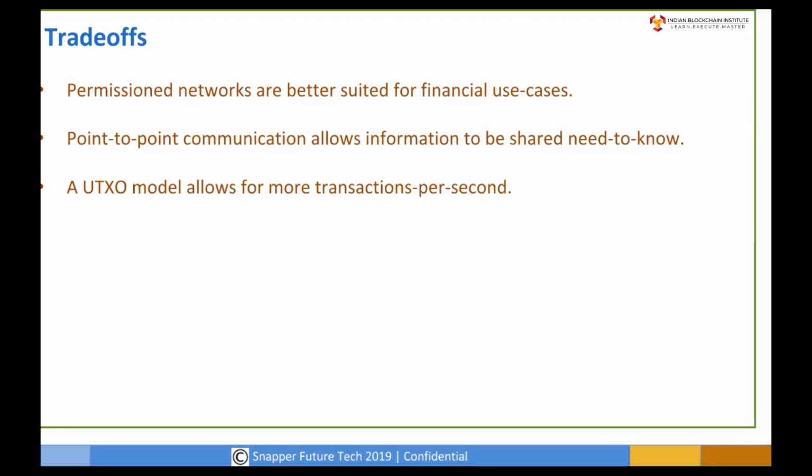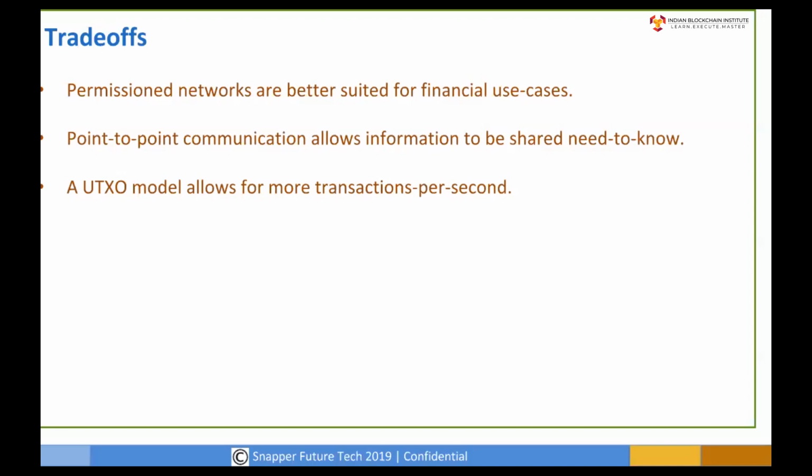So permissioned networks are better suited for financial use cases. This Corda, as I mentioned, is best suited for financial use cases. Point-to-point communication allows information to be shared on a need-to-know basis.